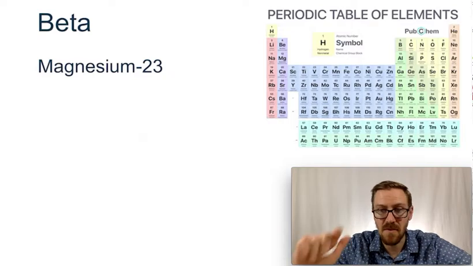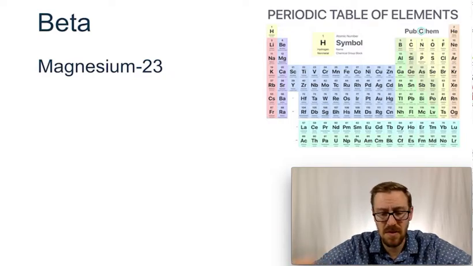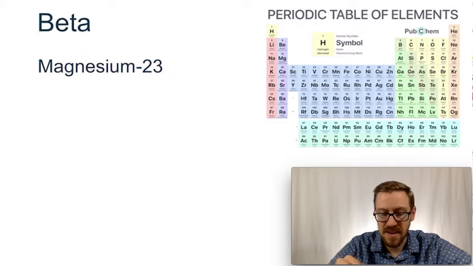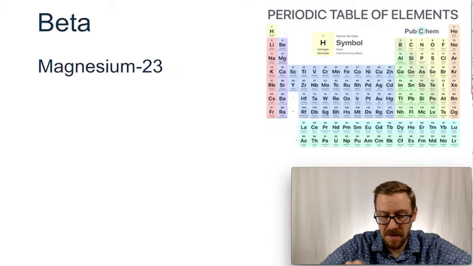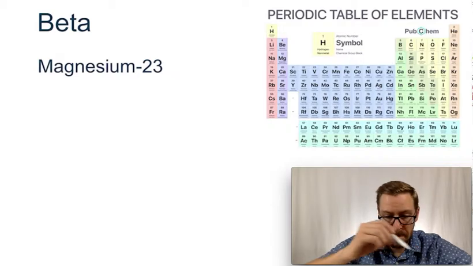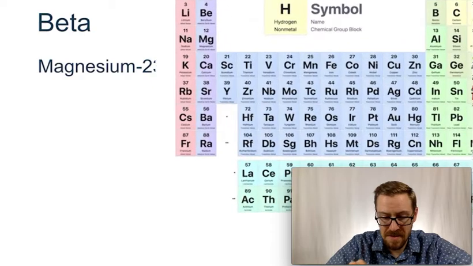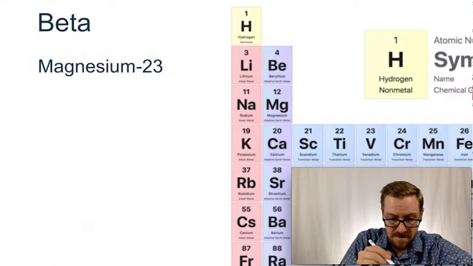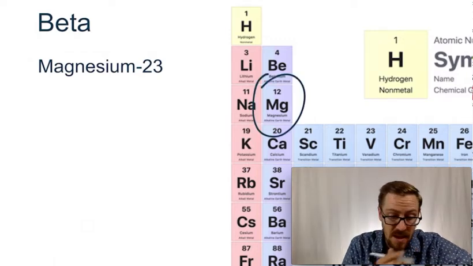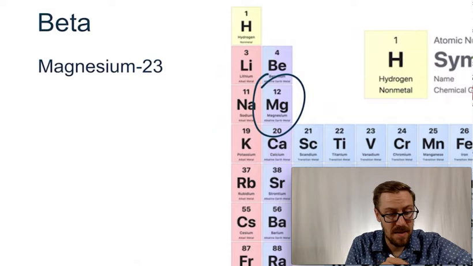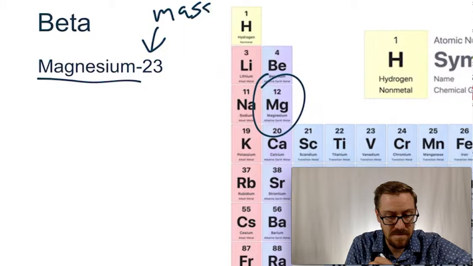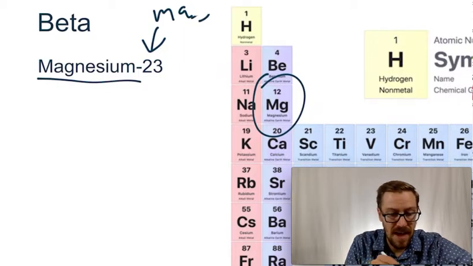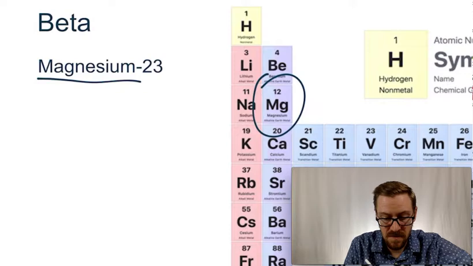So here's a few examples for you. I'll just do 2. The first one I want to look at is magnesium 23. So to solve one of these problems, you just find magnesium on the periodic table. It's right here. And so in an isotope name, you have the element name and the mass number. So the element name magnesium would be atomic number 12.